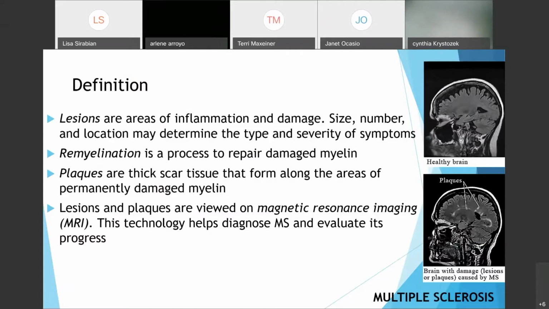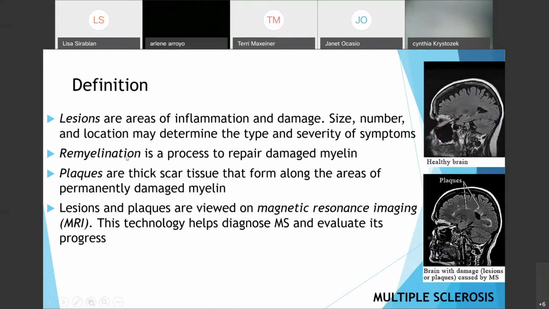The one that I referenced differentiates lesions as areas of inflammation and damage. Size, number, and location may help to determine the type and severity of the symptoms. The plaques are thick scar tissue that forms along the areas of permanently damaged myelin. So they're looking for lesions and plaques on the MRI.